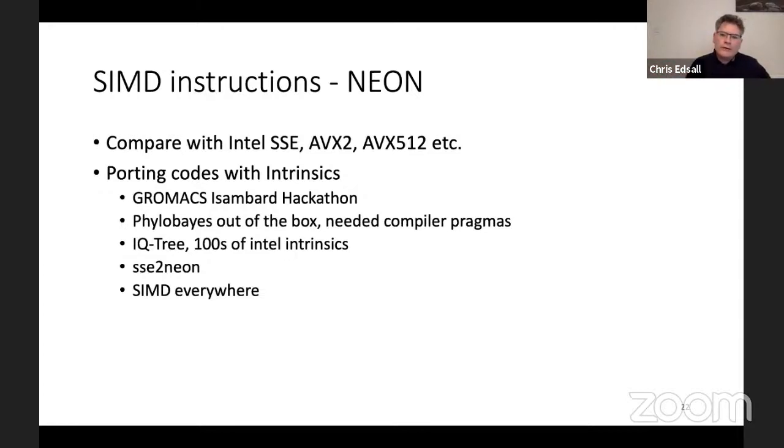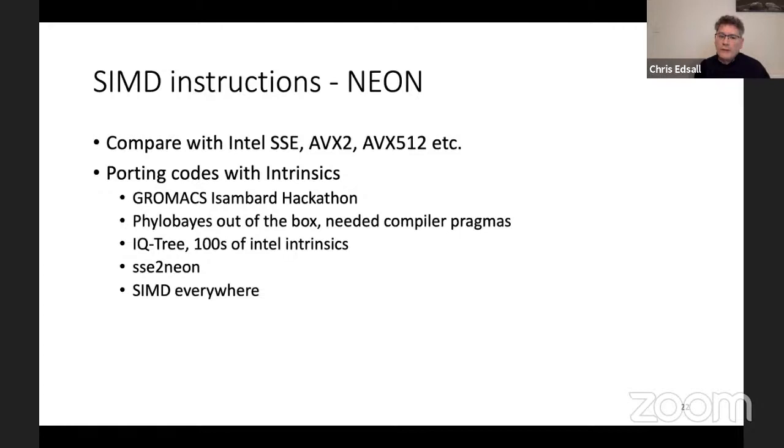What you can do is multiply two numbers with two other numbers in one go, or four numbers with four other numbers in one go. And so these are the SSE instructions, and then later SSE 2, 3, and 4, and the AVX and the AVX-512. So if you see references to those in your code, that's one area you're going to have to pay attention to when you move to ARM.